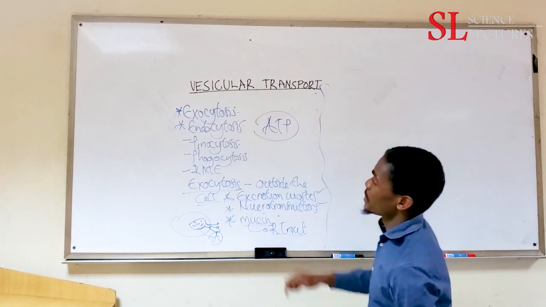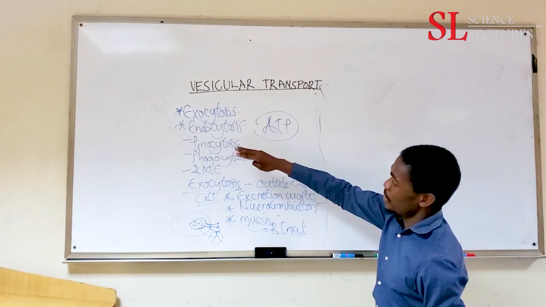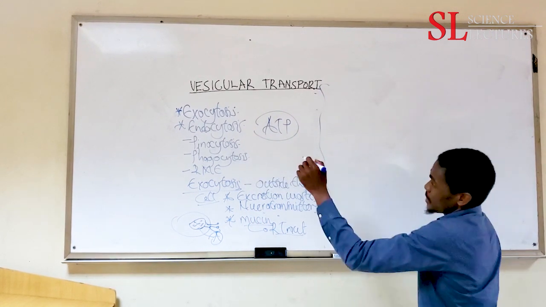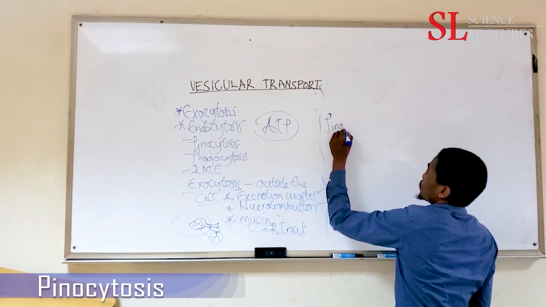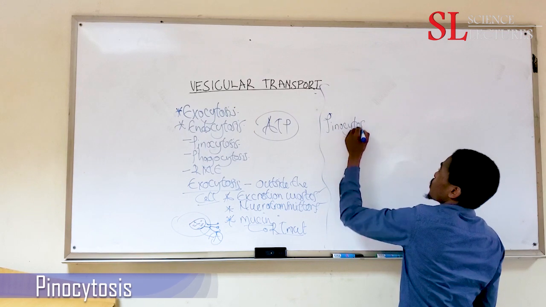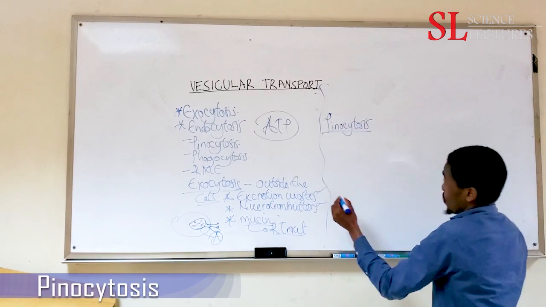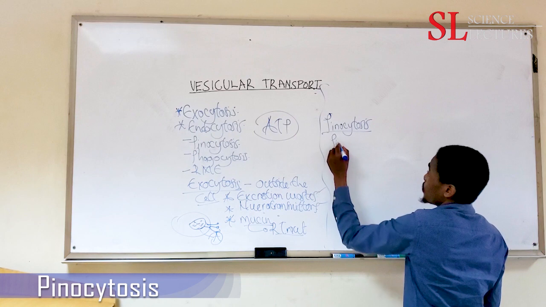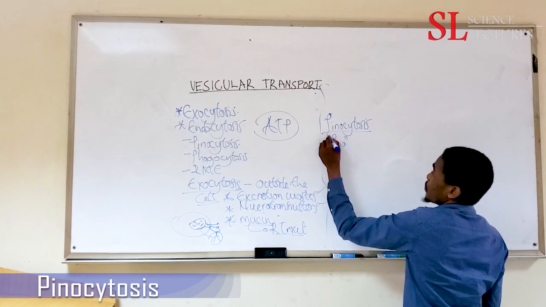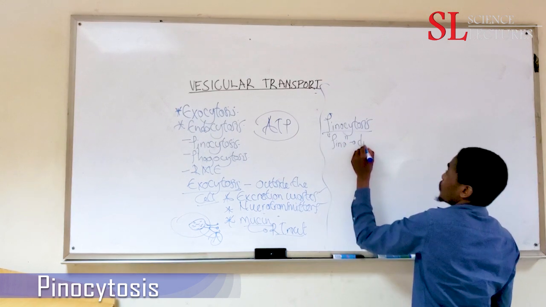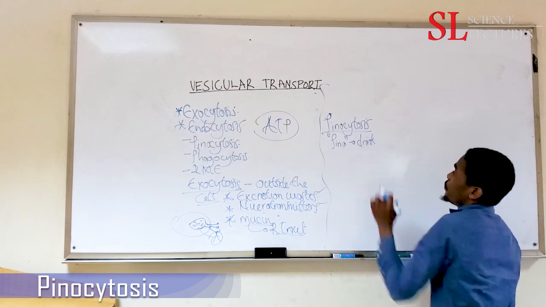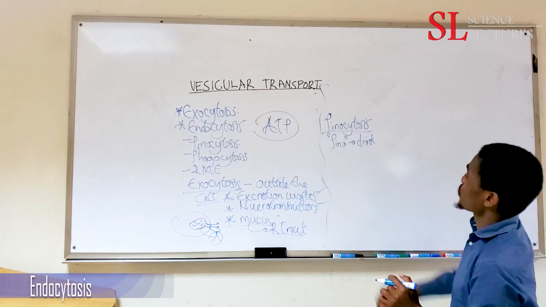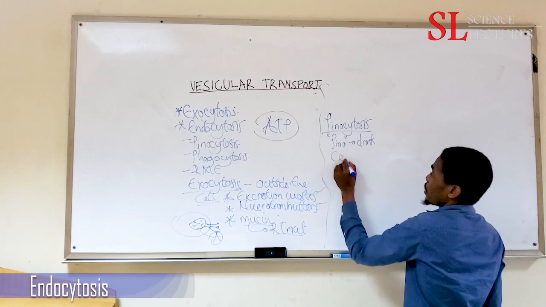So we are going to look at the breakdown of endocytosis. Let's start with pinocytosis. Pino means drinking. So pinocytosis in other words is cell drinking.